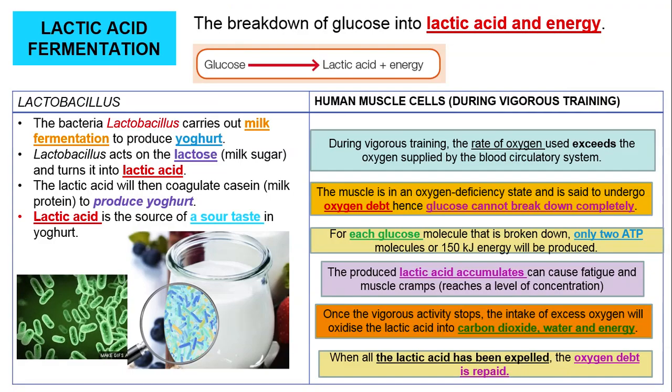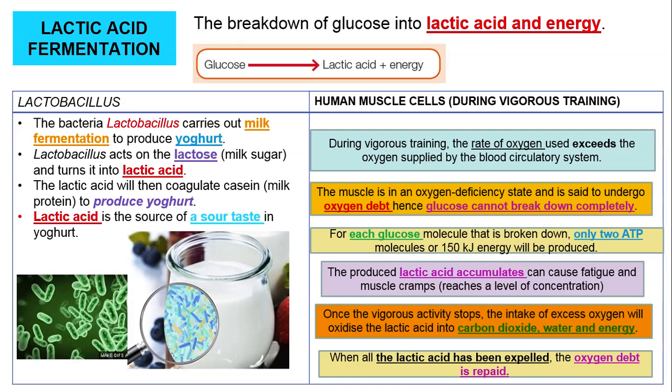Next, we are discussing the lactic acid fermentation. It involves the incomplete breakdown of glucose into lactic acid and energy. So we discuss lactic acid fermentation in Lactobacillus, and second, in human muscle cells during vigorous training.